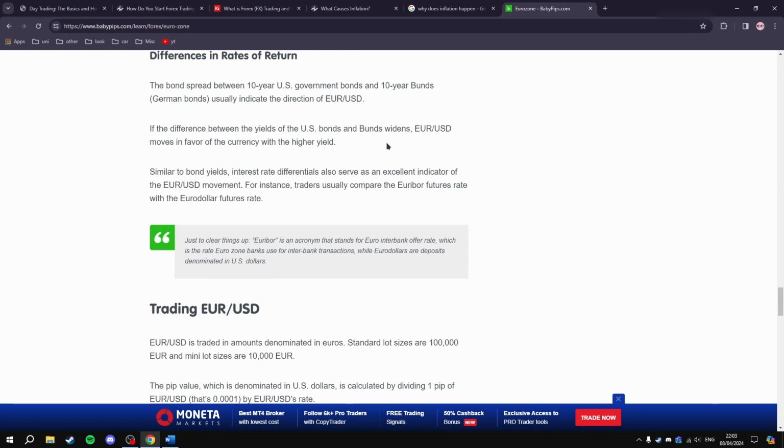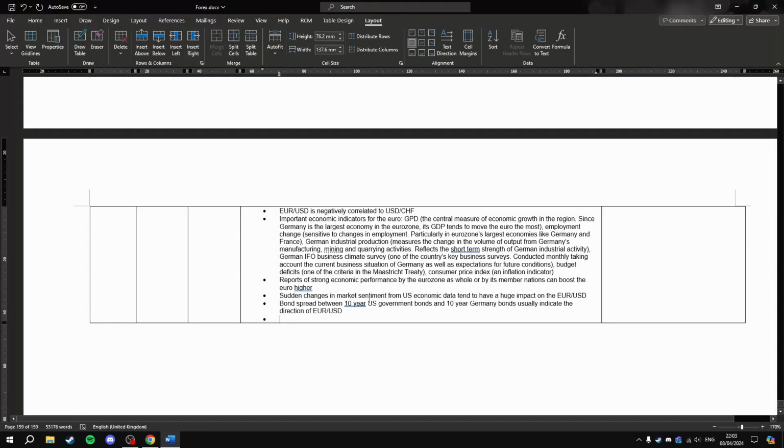If the difference between the yields of the US bonds and Bunds widens, EUR USD moves in favor of the currency with the higher yield.